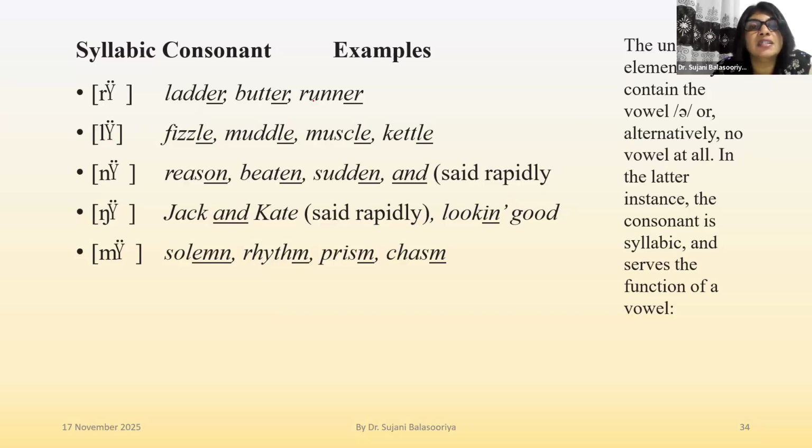Ladder, butter, runner. Look at the underlying parts. Sometimes we can have the vowel, some other times we do not have it. In the latter instance, the consonant is syllabic and it serves the function of a vowel.